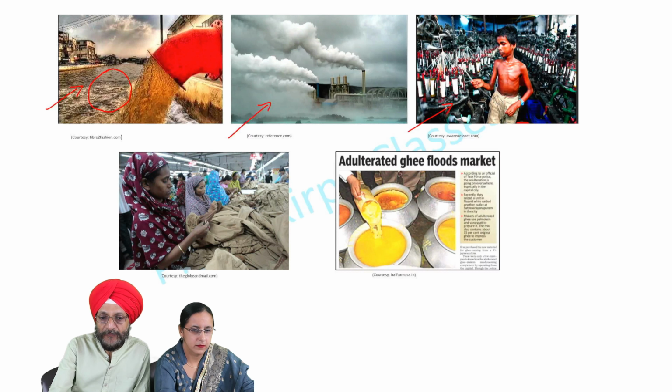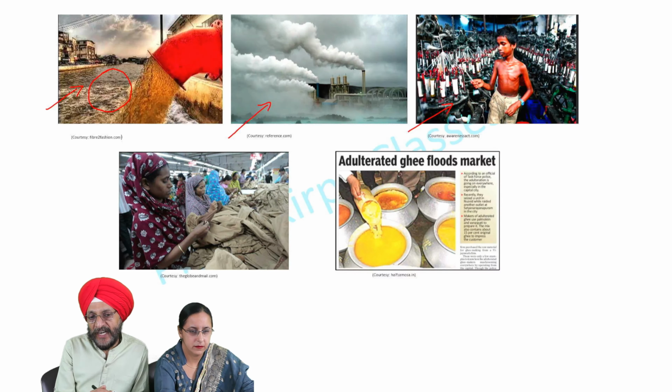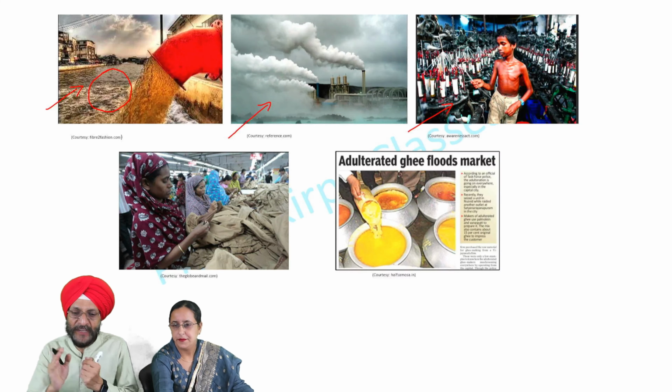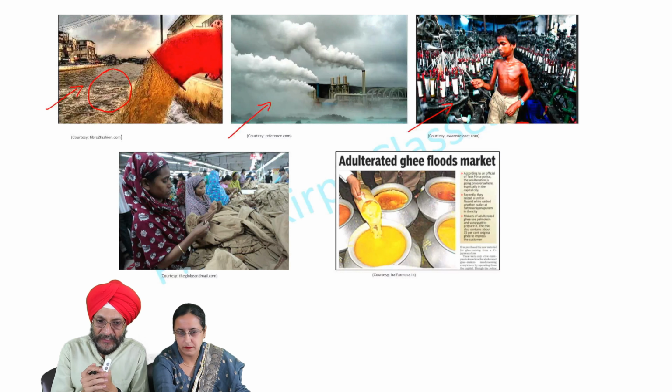Here you can see that child labor is being employed in many factories. All these pictures show that human nature is mainly motivated by profit only. It is no longer concerned with the welfare of mankind.